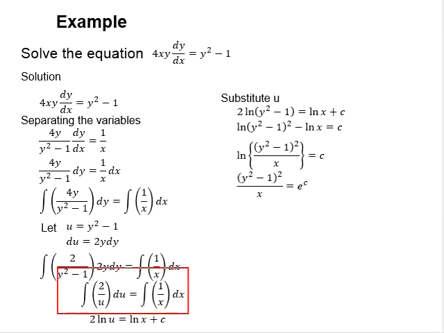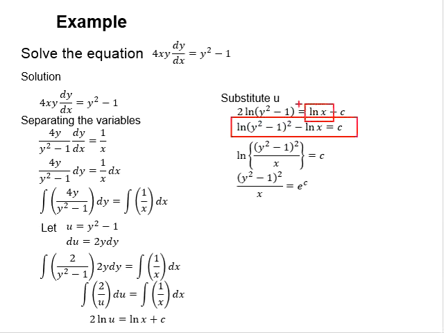From the function here, after integrations, you will get 2 ln u and ln x, which is derived from the 1 per x, plus a constant c. Substitute back the y squared minus 1 into the u, you will get this. Rearrange the functions by moving the ln x to the other side, it becomes a negative ln x.